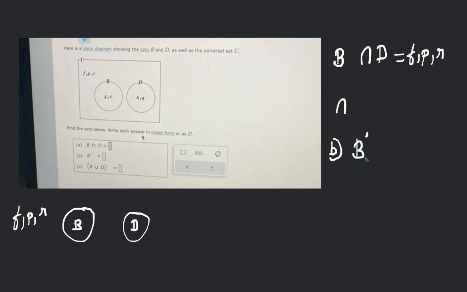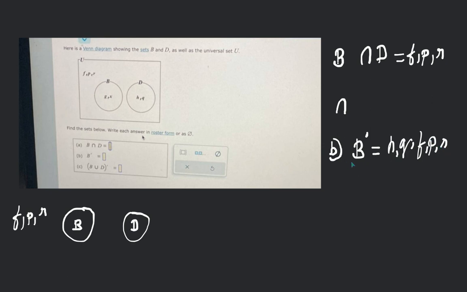H and Q? Yes, H and Q, and F, P, and R, very good. So you can write H, Q, F, P, and R.